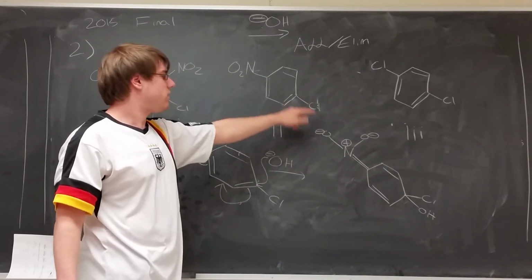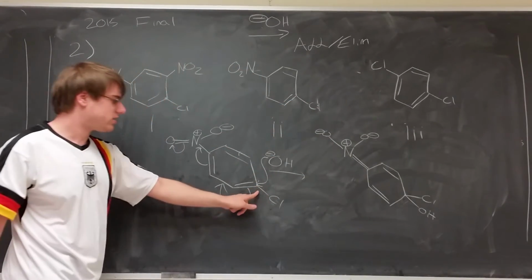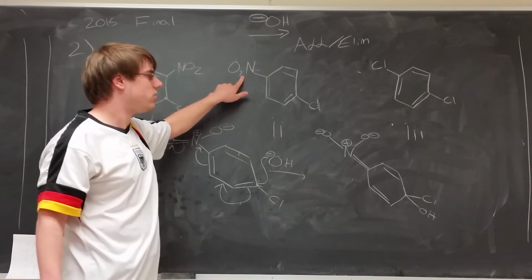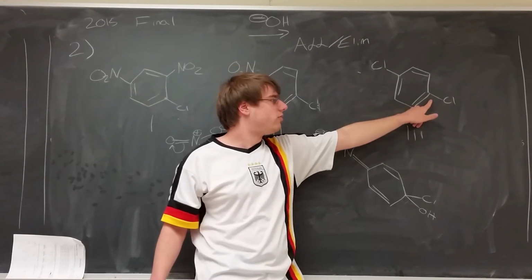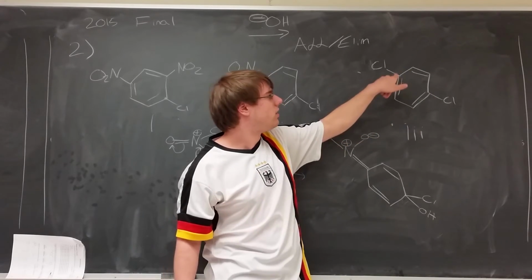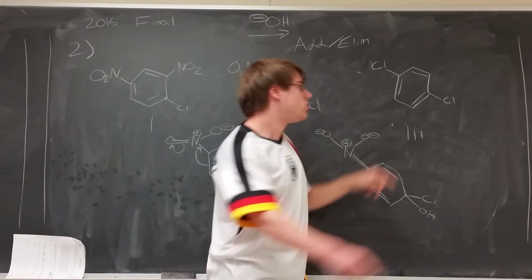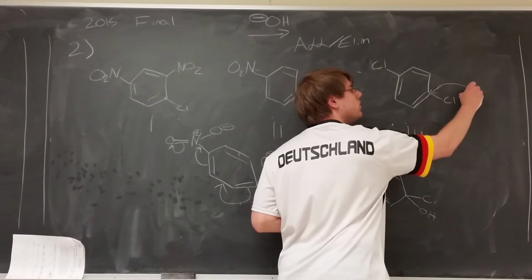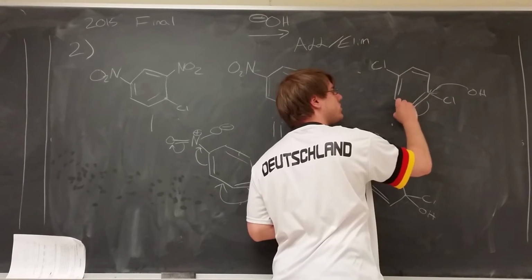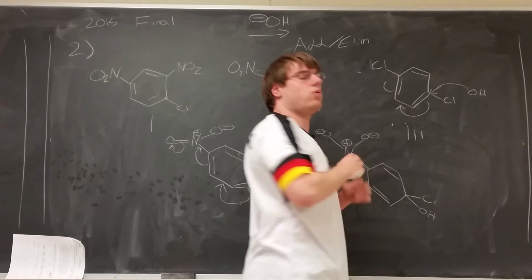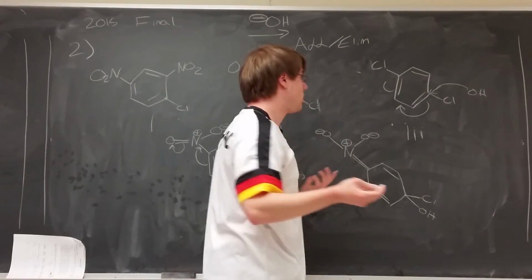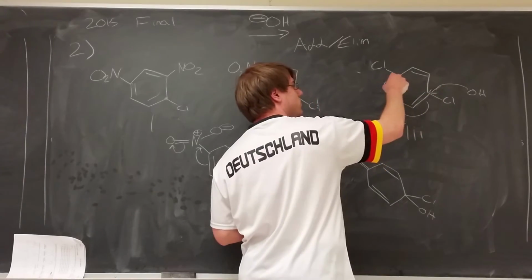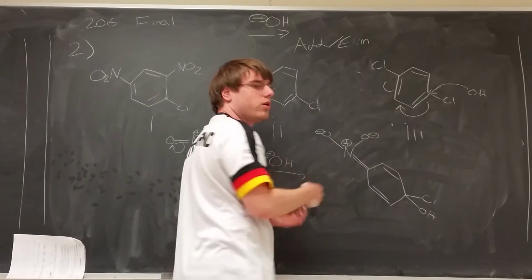In 2, if this OH minus attacks the carbon with the chlorine, well, it can, and this will resonate up into the NO2. But here, we have 2 chlorines para to each other. So if that OH minus comes in and attacks here, and this tries to resonate around the ring, well, there's nowhere for those electrons to go as they start resonating with the double bonds. You can't resonate into the chlorine, right?